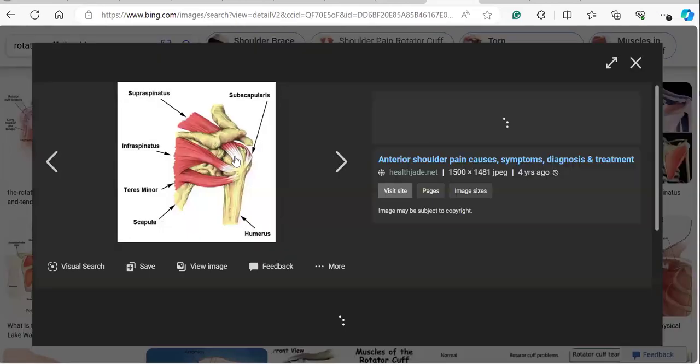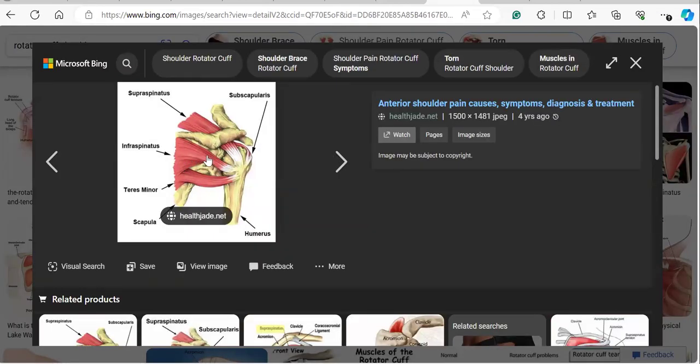So this is the supraspinatus tendon, that's the infraspinatus, and that is the spine of the scapula, then the teres minor, and then you have the subscapularis over there. So that's the 4 rotator cuff muscles.